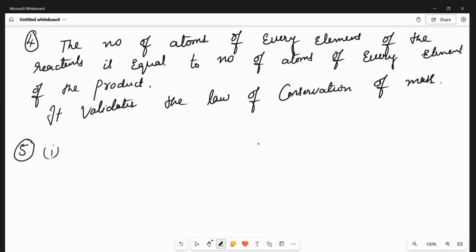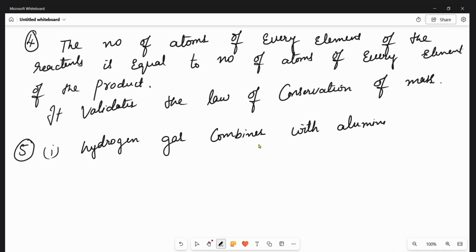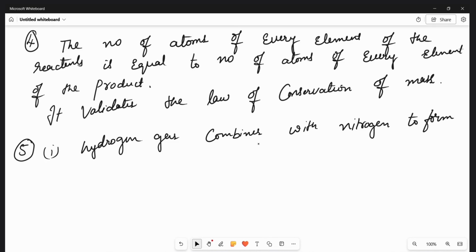First one, what they have given: hydrogen gas combines with nitrogen to form ammonia.